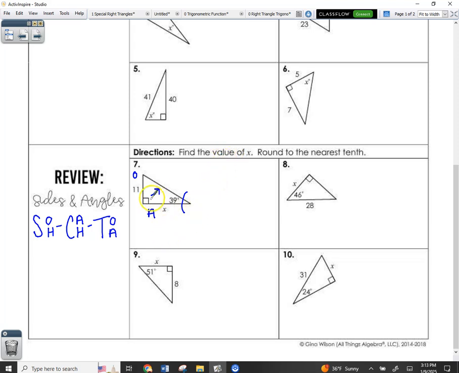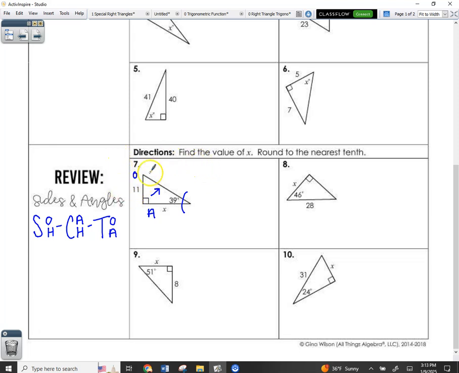Once you label the 2 sides that they are giving you, ask yourself, which trig function am I using here? I've got opposite and adjacent, so I'm using which one? Look at my fractions. Look for O and A. Yeah, I'm using tangent.